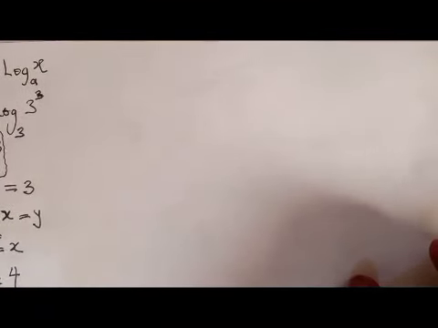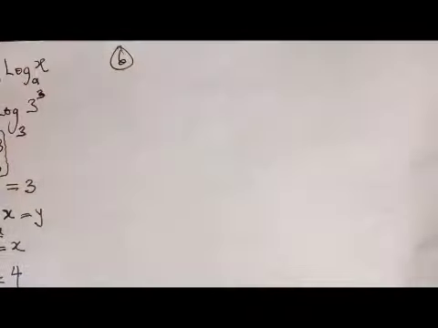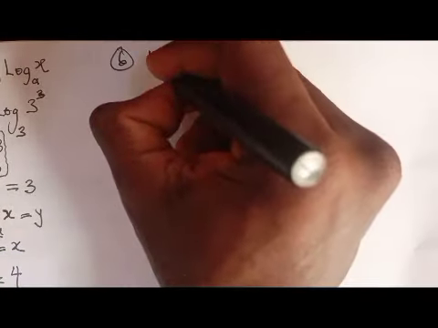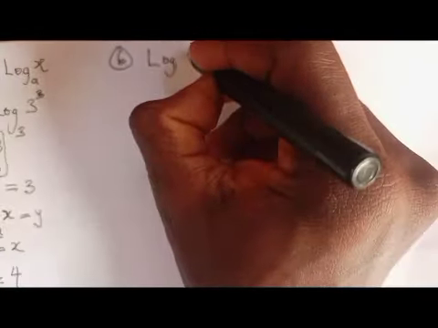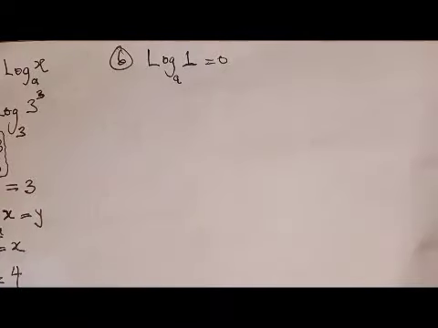Then I'm going to quickly look at another law, the sixth law. This law says that the logarithm of 1 to any base is 0. Please take note of this important law also.